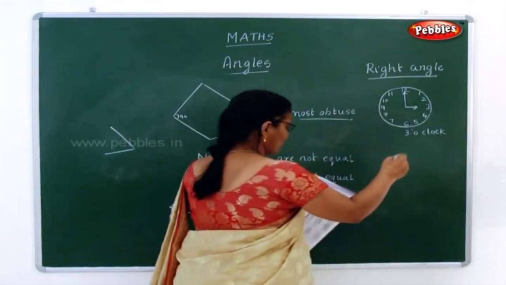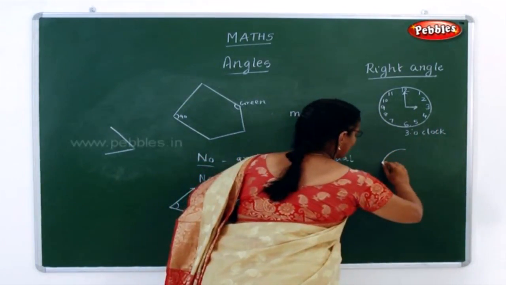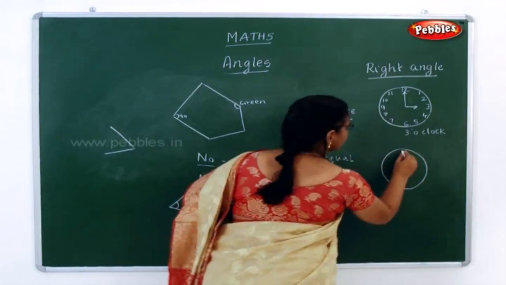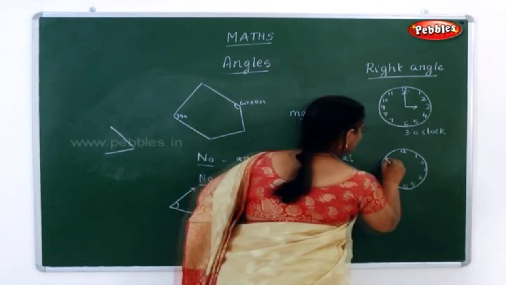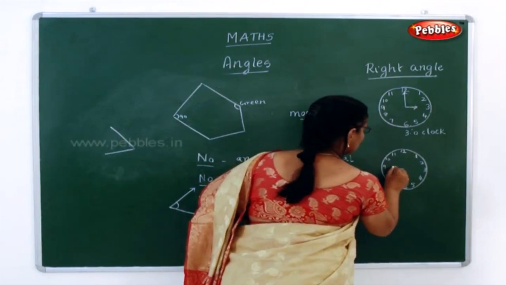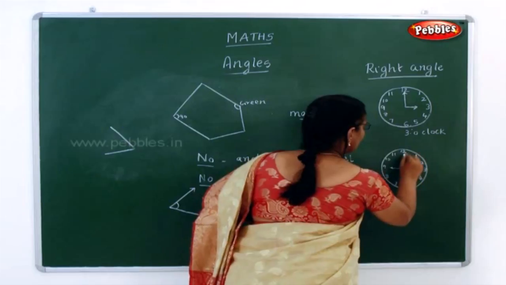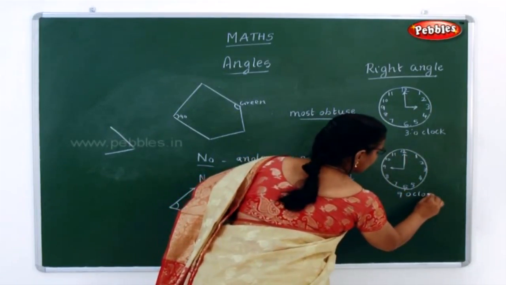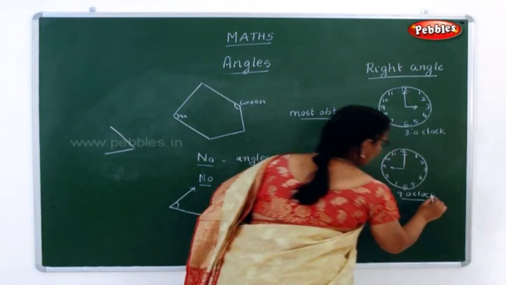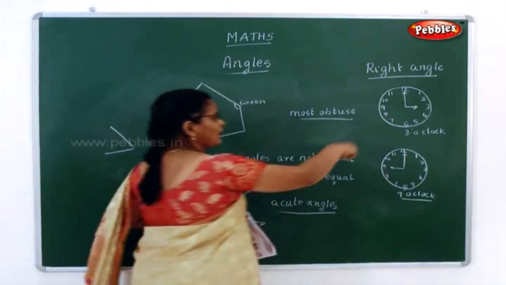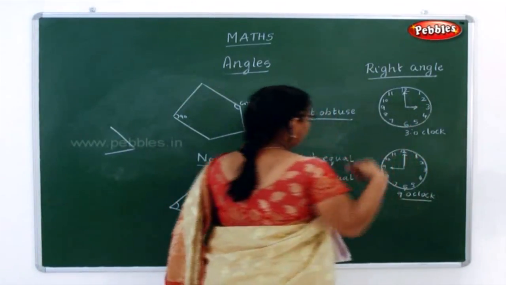Now the next one, you can draw the hands of the clock as 9 o'clock. So this is also a right angle. So the practice they have asked you to do is draw the hands of the clock which show the right angle.